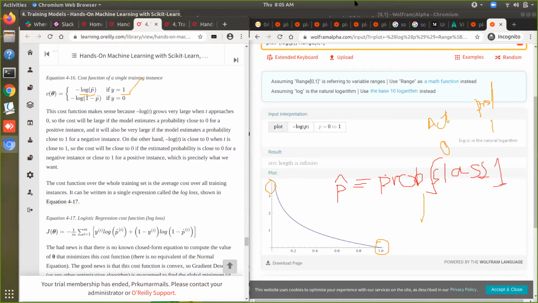That's what P hat is. It's the probability of the positive class, and that's what we're plotting on this axis. And on the vertical axis, this is the cost function.